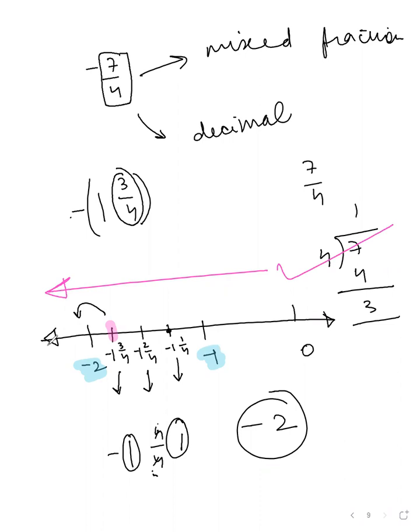Can you hear me? Yeah. Shall we move on? Yeah. Okay. D part, 7/8. This is easy. You can do this.